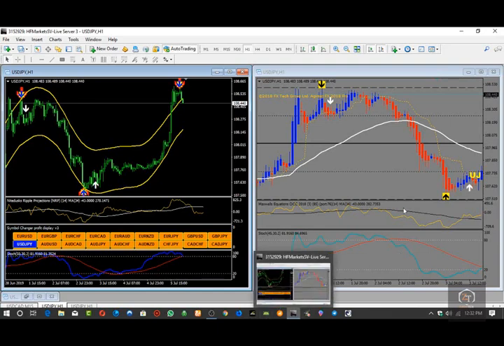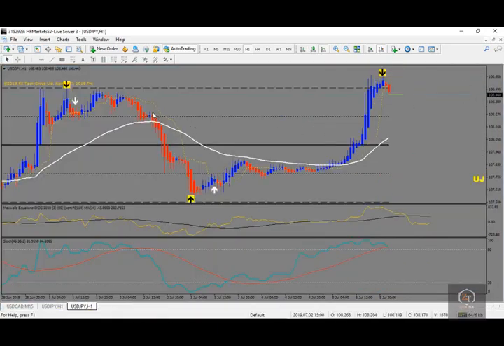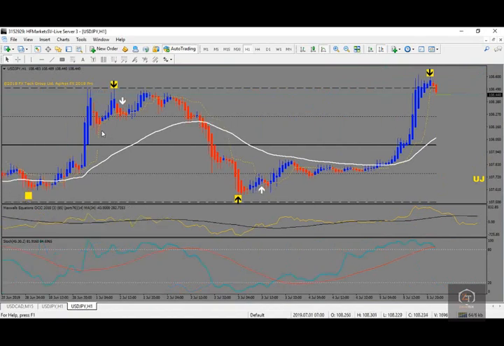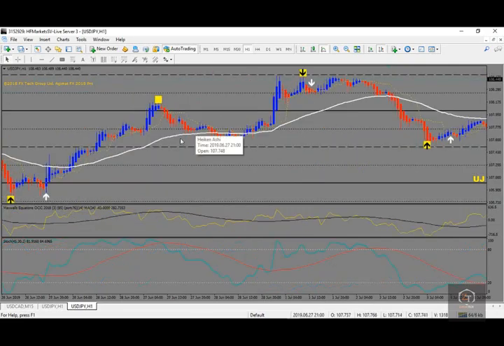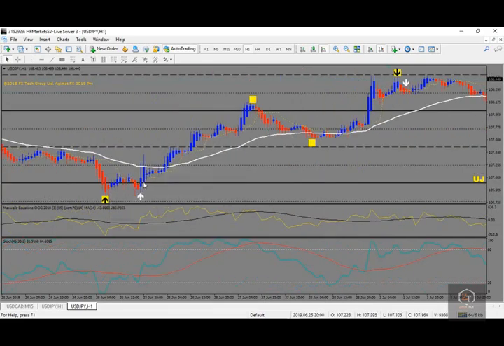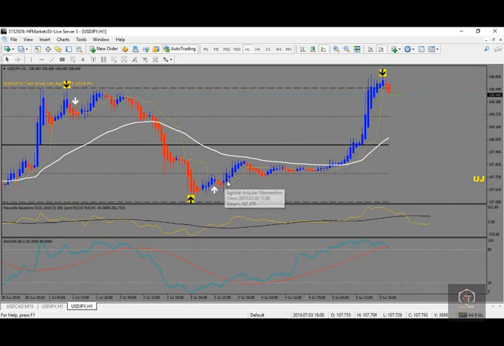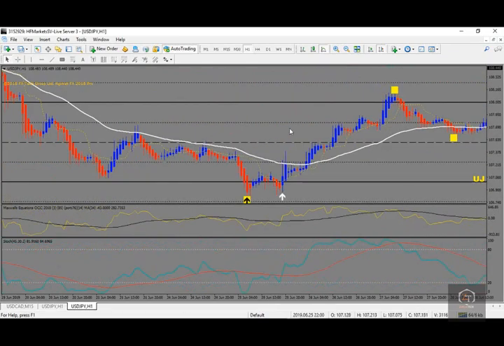Yes, lest I forget, because I didn't talk about this line here. When you get a signal, you enter a trade. If you want to trade with this, make sure a candlestick closes below this dotted yellow line before you enter a trade. For example, you see this movement and this candlestick closes here, you enter a trade. This one here, it closes here, you enter a trade.